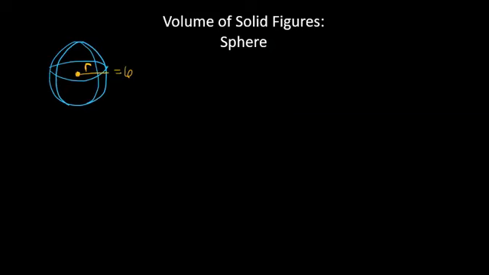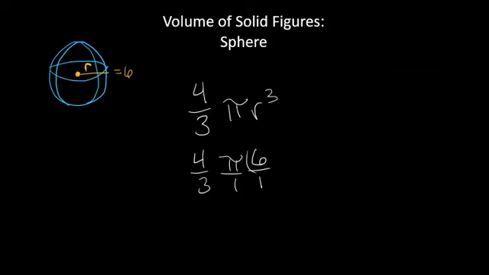This is a sphere, right, with a radius. It's going to be 4/3 pi r to the third power, right? It's a circle-y shape. There's that pi symbol. There's that r. Okay, we have pi, and then I have a 6. 6/3.